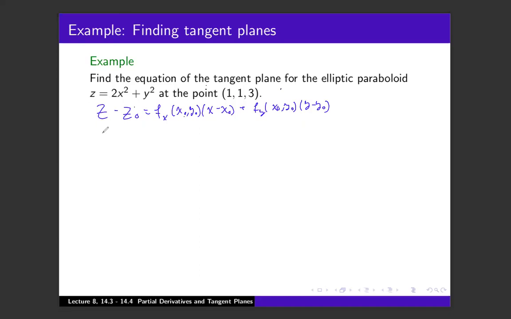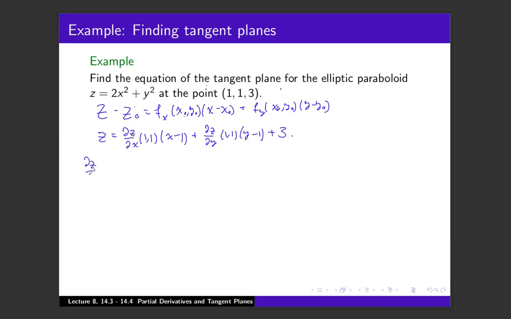So what does that give us? z is equal to, well, I don't know what this derivative is yet. We'll figure that out in a little bit. Del z del x at (1, 1) times x minus 1, plus, again, the derivative of z with respect to y at the point (1, 1) times y minus 1, plus 3. So what's the derivative with respect to x?